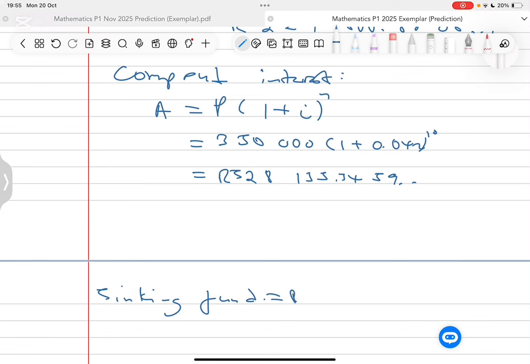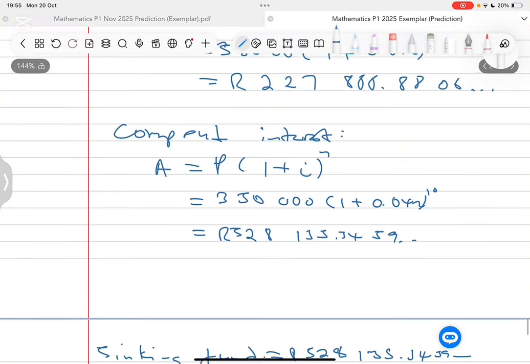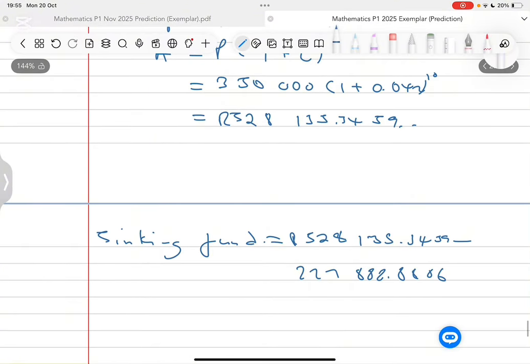In other words, if I say here 528,135.3459 minus 227,888.806, the money that I get here is the sinking fund. It compares how the machine is losing value and how it will gain value. So the difference between the two will tell me the sinking fund of that machine.